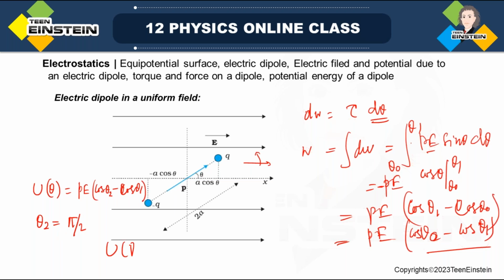So the expression for potential energy, with theta 1 let us say theta, is generally minus PE cos of theta. So this is the potential energy, or in terms of vectors we can write minus P dot E. P is the dipole moment and E is the electric field.